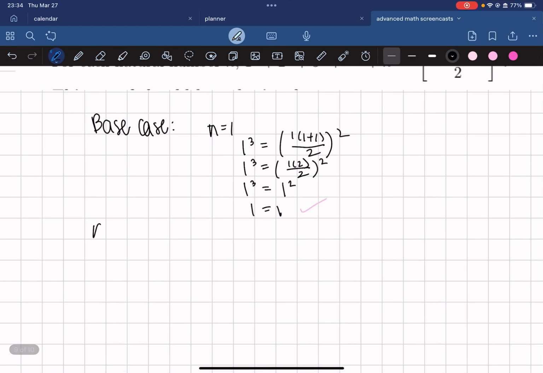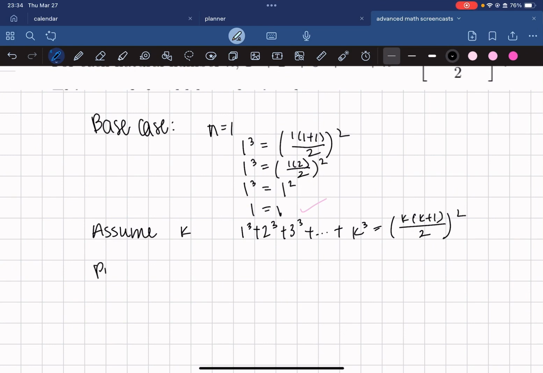So we're going to assume for any natural number k that 1 cubed plus 2 cubed plus 3 cubed plus any amount of numbers plus k cubed is equal to k times k plus 1 over 2, all squared.